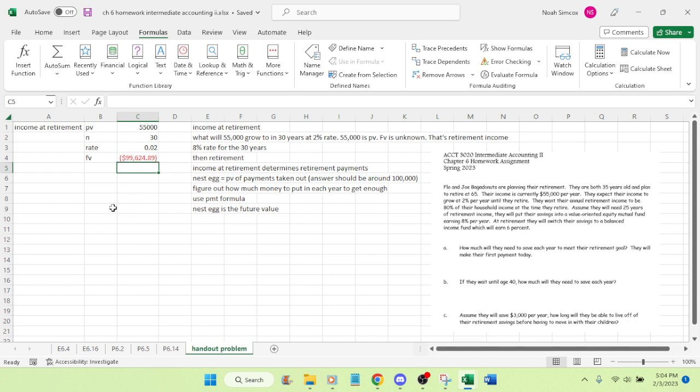Where's 30 years coming from? What the heck? Wait. Oh, I'm done. They are saving money for 30 years. Income at retirement determines retirement payments. Present value of payments taken out. Dang it.